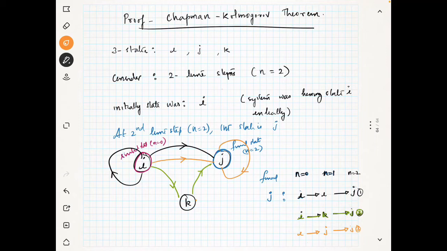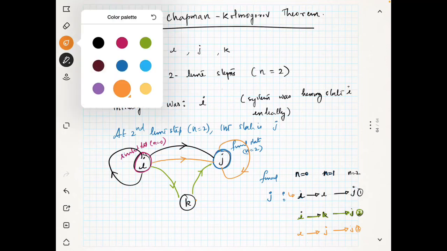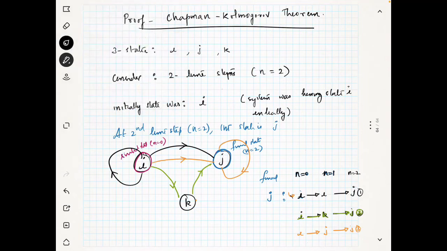The first: I to I, then to J. The second: I to K, then to J. The third: I to J, and then again J, staying there in J for time step 2.